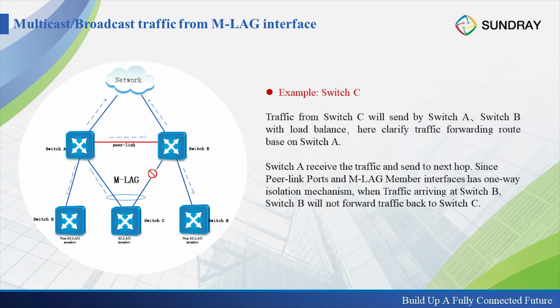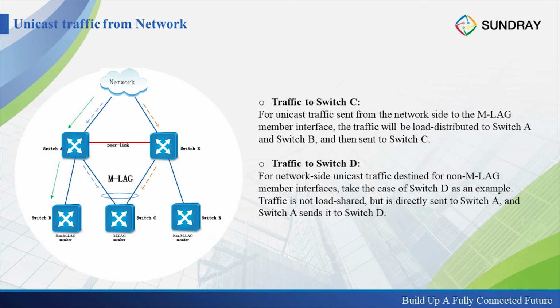Here, we clarify the traffic forwarding route based on switch A. Switch A receives the traffic and sends it to the next hop. Since the peer link ports and the MLAG member interface have the one-way isolation mechanism, when the traffic arrives at switch B, it also won't forward the traffic back to switch C. It just sends it to the next hop.